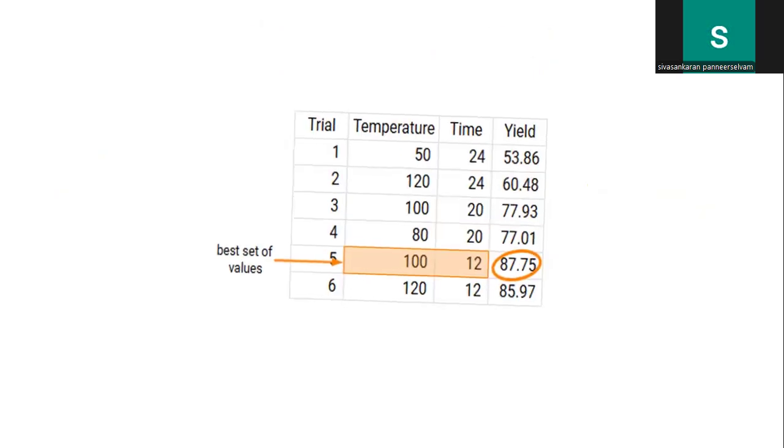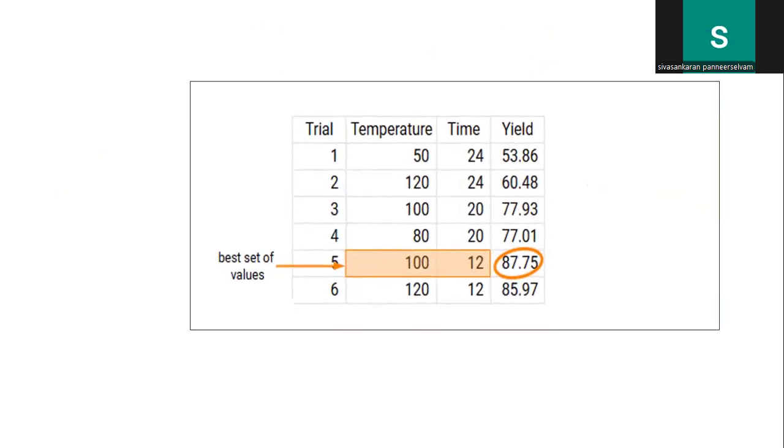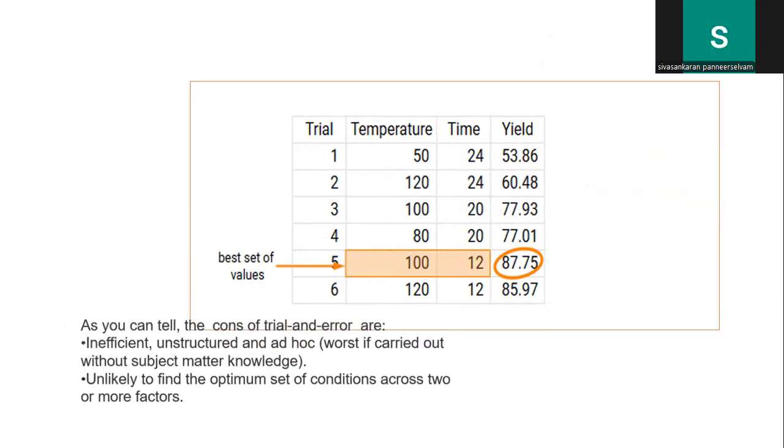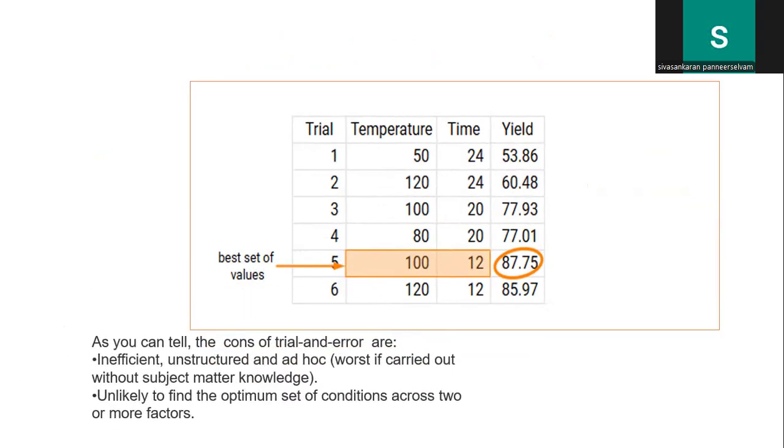So this is the data. From this data, what do we try to infer? The experiment was conducted 6 times at different temperature and different time settings. For each set of experimentation, a yield percentage of the final value has been given.